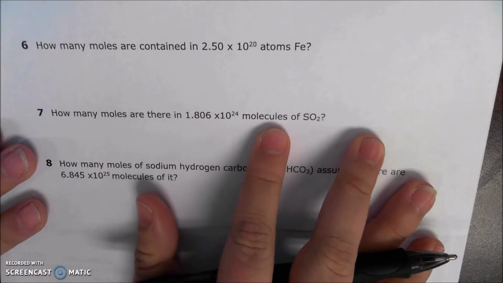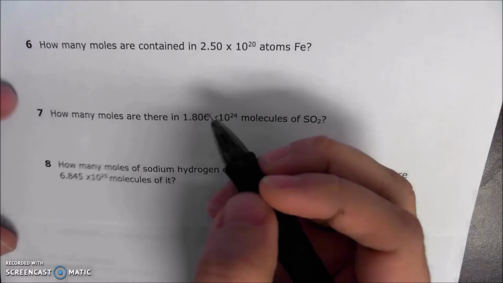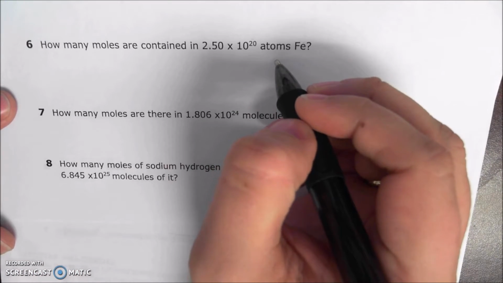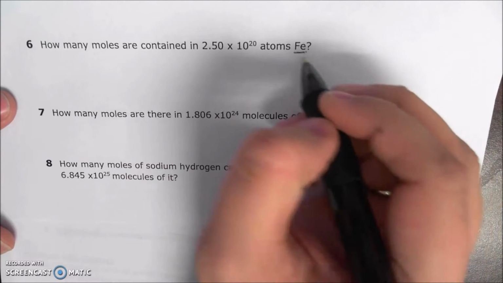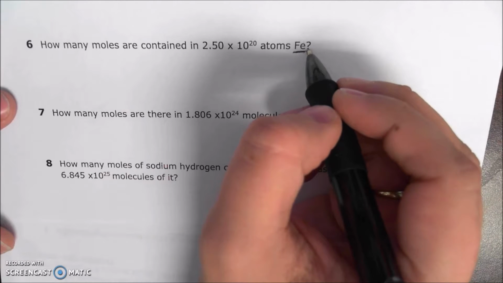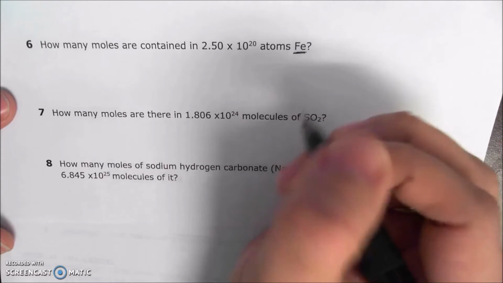Number 6 says, how many moles are contained in 2.5 times 10 to the 20th atoms of Fe? Atoms and molecules can be used interchangeably if the thing you're working with is an element, because there's only one atom in it.